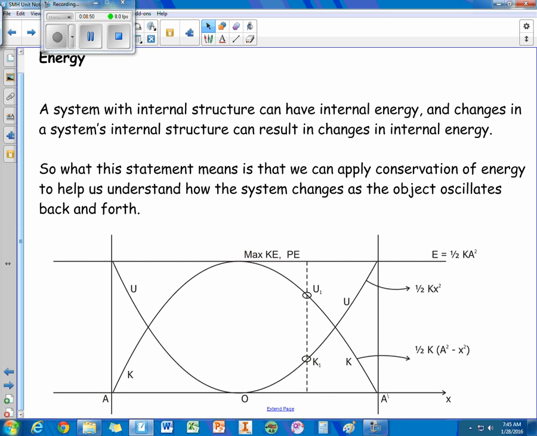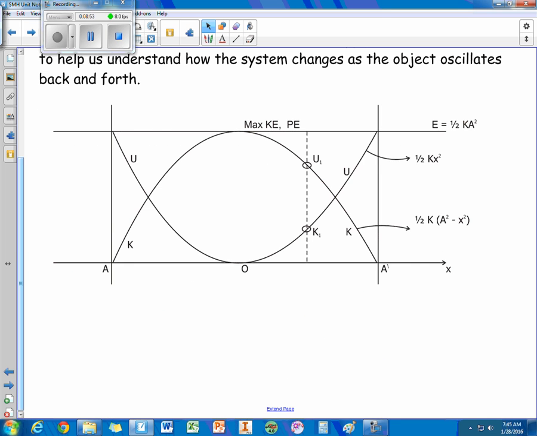So we've seen this type of graph before, where the potential energy is a parabola and so is the kinetic energy, and they're opposites of each other. And when we add them together, we get the maximum kinetic and potential. It gives us the mechanical energy.